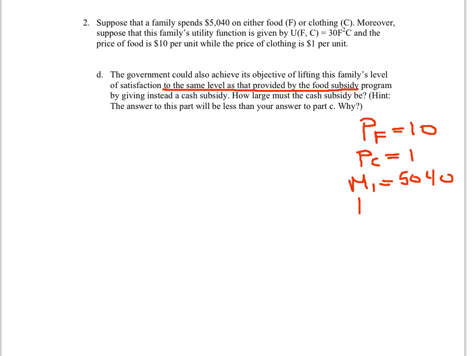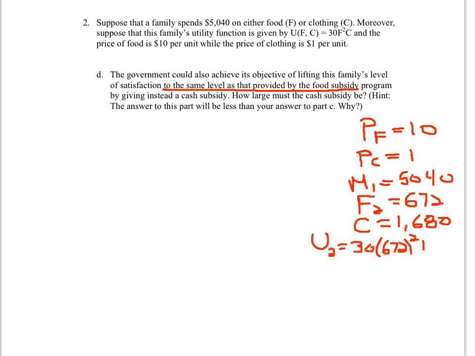So we know that in part 2, the family consumed 672 units of food and 1680 units of clothing. So at that point the utility must have been 30 times 672 to the power of 2, times 1680. Now this is a big number, right? We're not going to calculate it yet, but we know that that is the utility that this family is going to achieve in this part D problem.